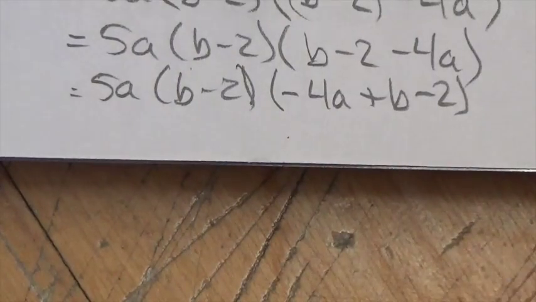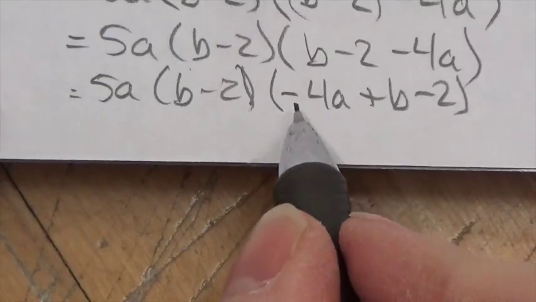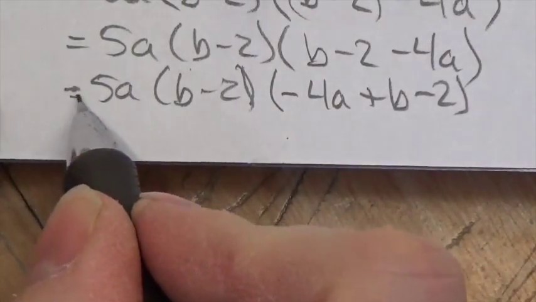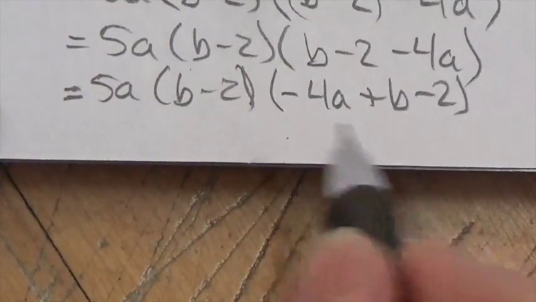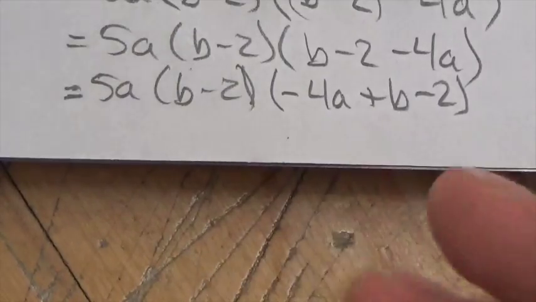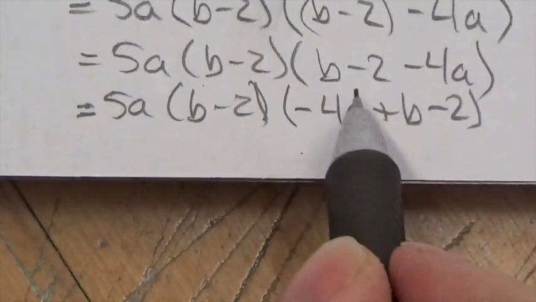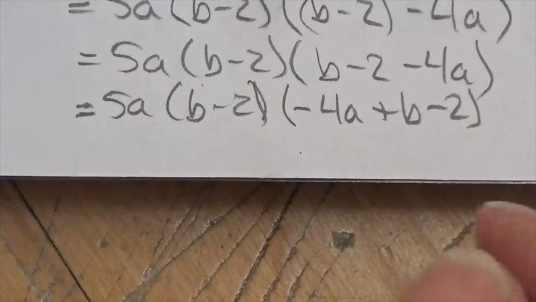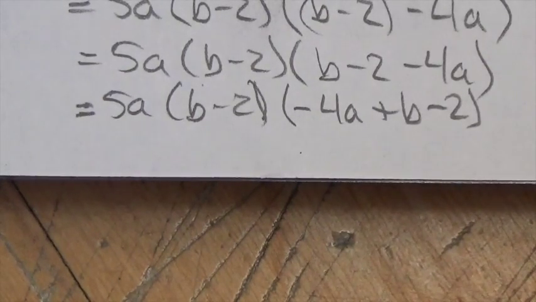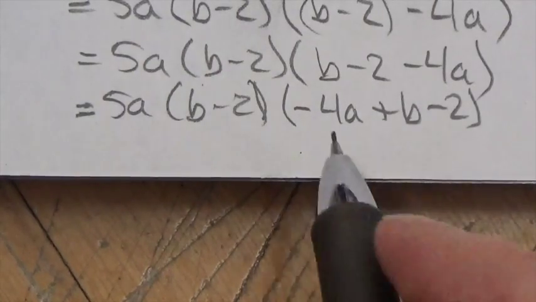But bear with me here. There are just some things here that are going to help out a little bit. That little negative in front just doesn't look very good. It's not wrong, it just doesn't look very good. Just like here, there's nothing wrong with b minus 2 minus 4a. It's not incorrect. It doesn't look good. I changed the order, it looks better.